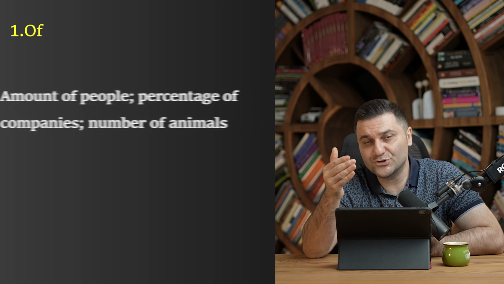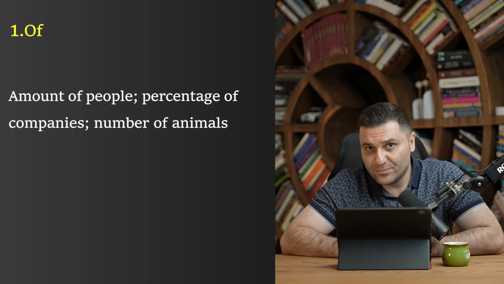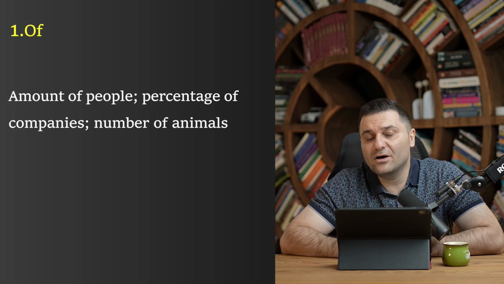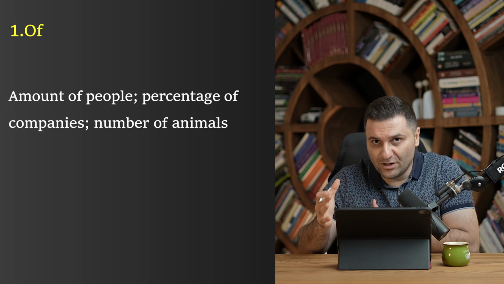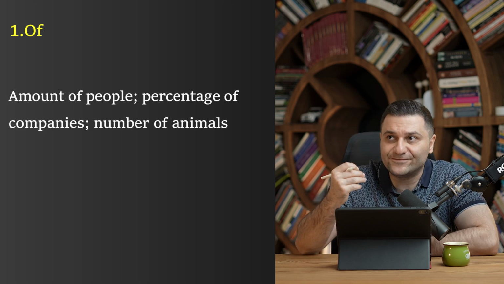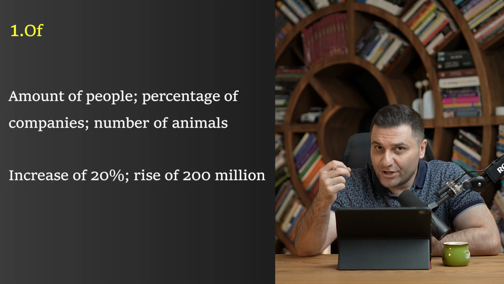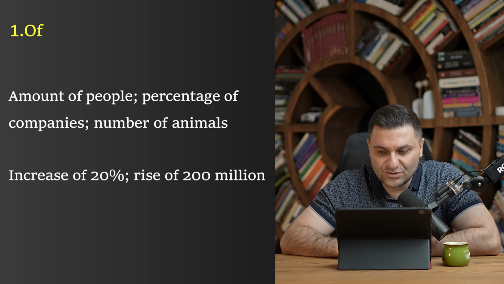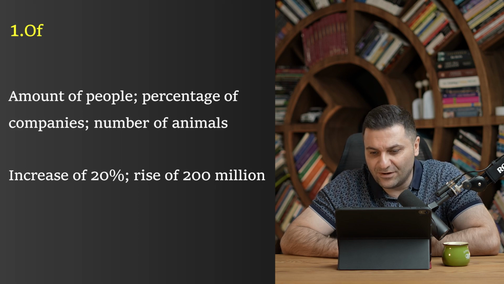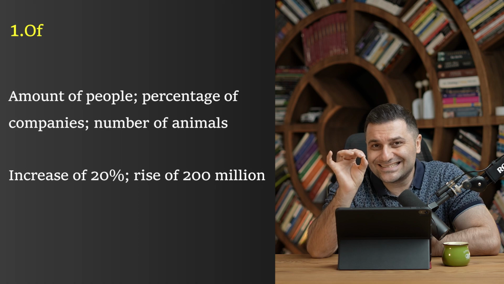We use of with a noun phrase, for example, amount of people, percentage of companies, or number of animals. Its first use is with a noun phrase, and its second use is after a noun, for example, increase of 20 persons or rise of 200 million. Be very careful with its second use.